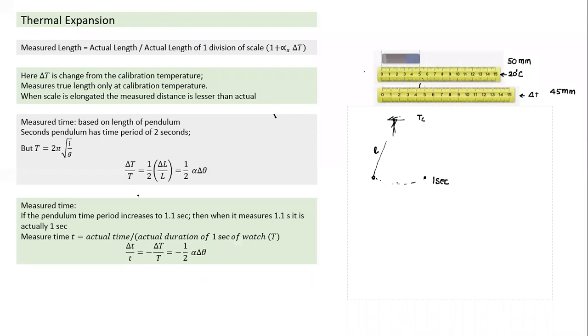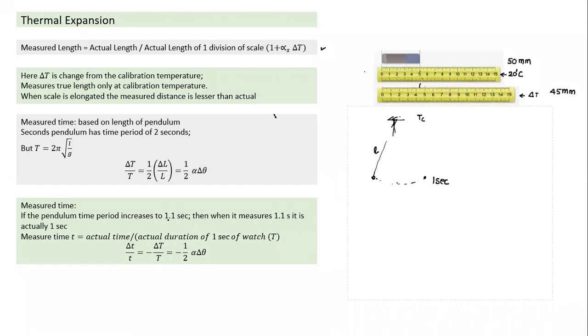Let's try to understand this similar to the previous case. Very similar thing happens here. There, as the length of one division increases, the measured distance becomes less. Here also, as the time period increases, the measured time becomes less. Let's try to understand why. Suppose the pendulum's time period, basically half swing, increases to 1.1 seconds.